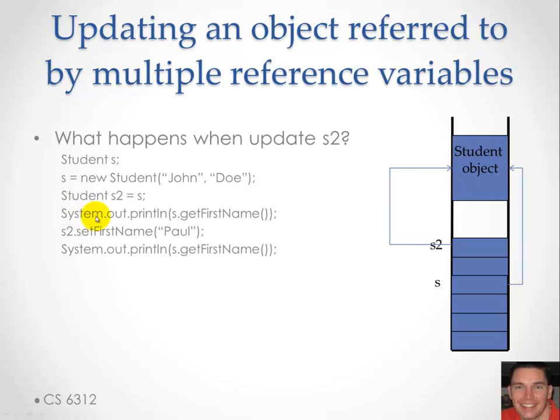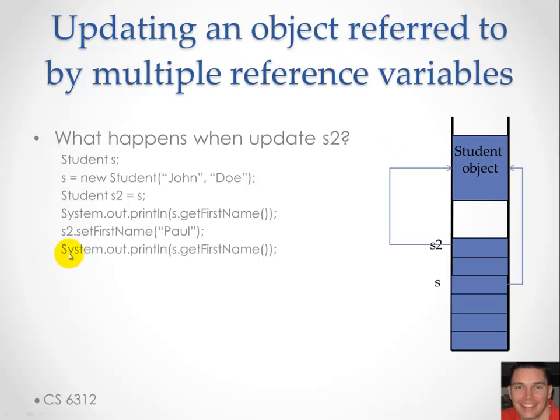So at this point, if I say system.out.println s.getFirstName, this is going to print out John. So, when we created this, we initialized it with John, so it prints out John because it comes up to this object and says, what's your name? Well, it's John. Now when I say s2.setFirstName, notice here s2 comes up, it points to the same object and it says, now your name is Paul.